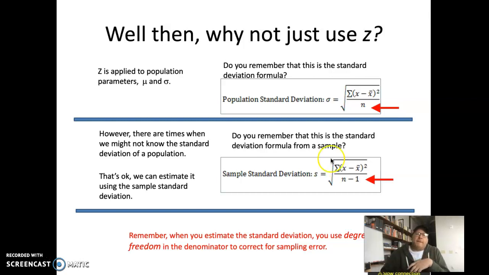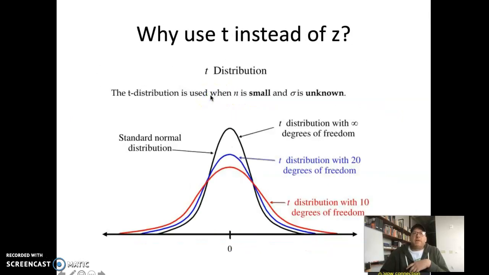So, why not just use z? Well, here's the thing. When we're dealing with small sample sizes, that's what this is saying right here, when n is small, we're dealing with small sample sizes. The sampling error is a lot bigger.